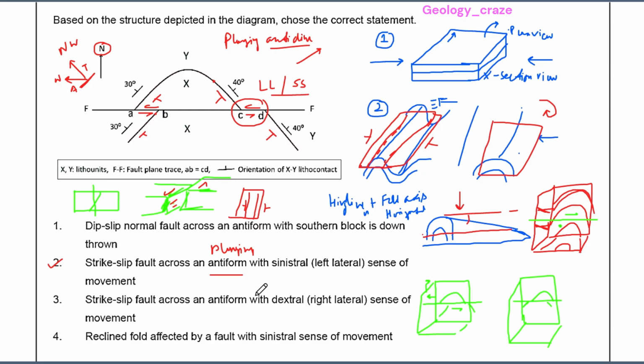One more term is plunging synform, synantiform. These are the terms that will come in exams mostly. So if you want a video on that, or any other video where you feel difficulty in any part, you will ask me, and we will discuss those things. But discussion is very important.